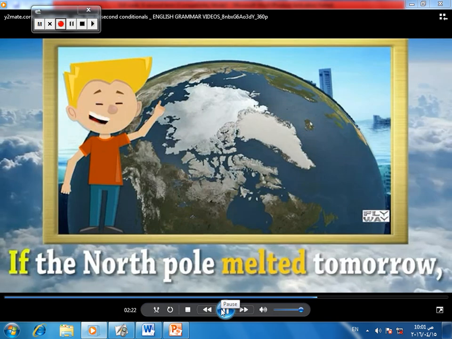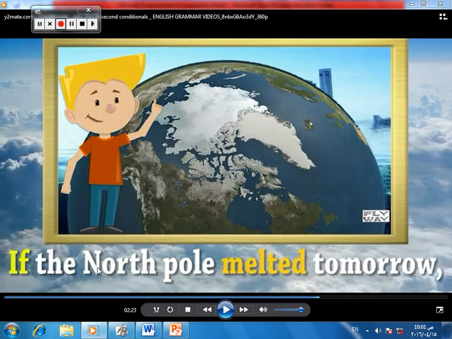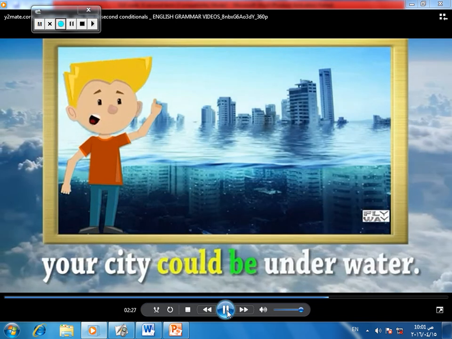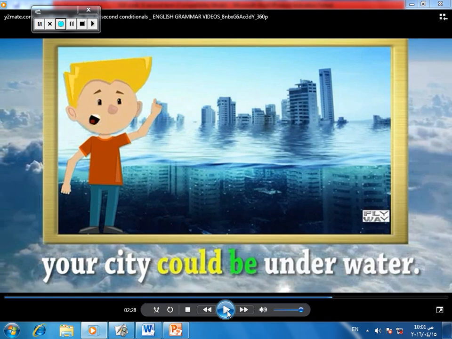Examples. If the North Pole melted tomorrow, we have here past simple, your city could be underwater. Yes, the city could be underwater. So here we use could. We can use could or would plus the infinitive.